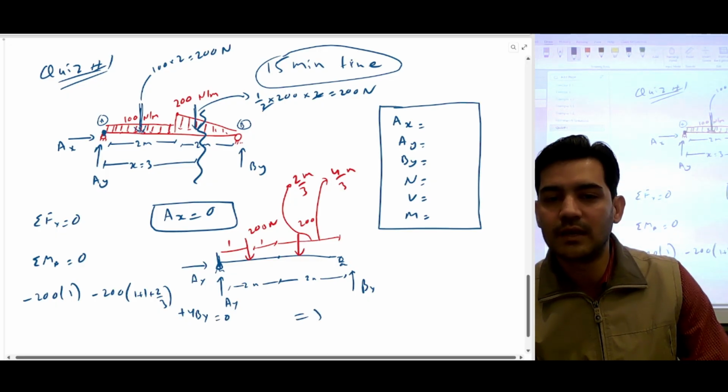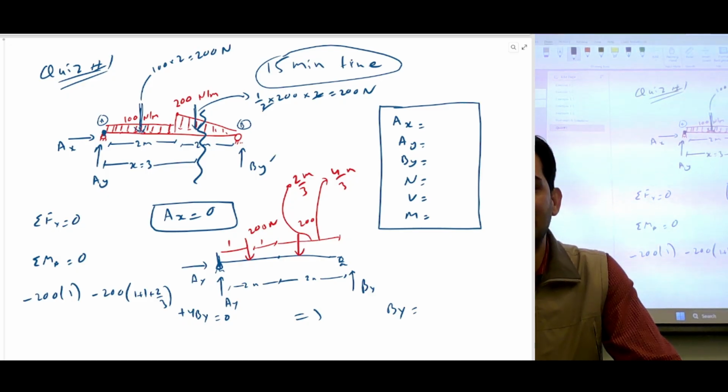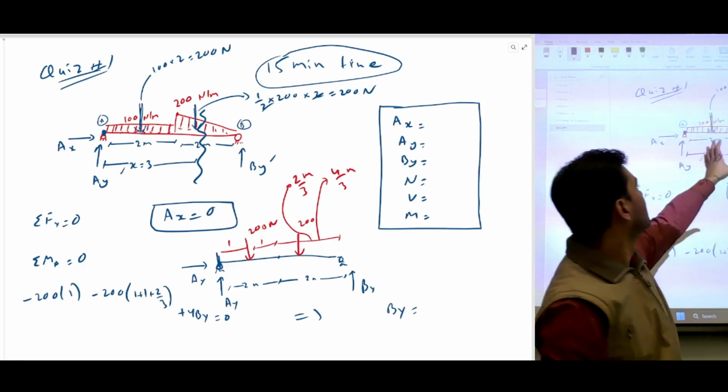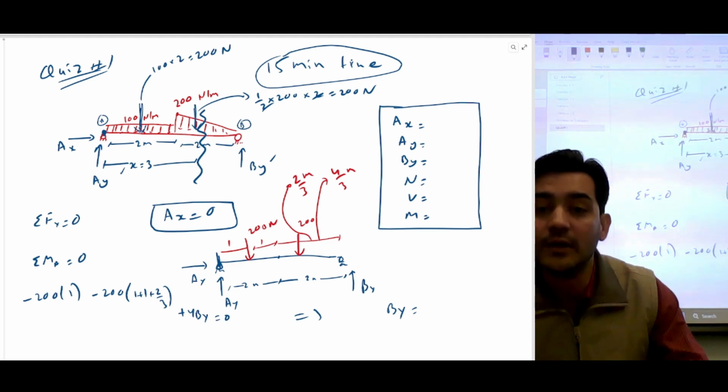BY should be a little less and AY should be a little more because it's a triangular load, so part of the triangular load will go here. AY should be more than BY, intuitively.